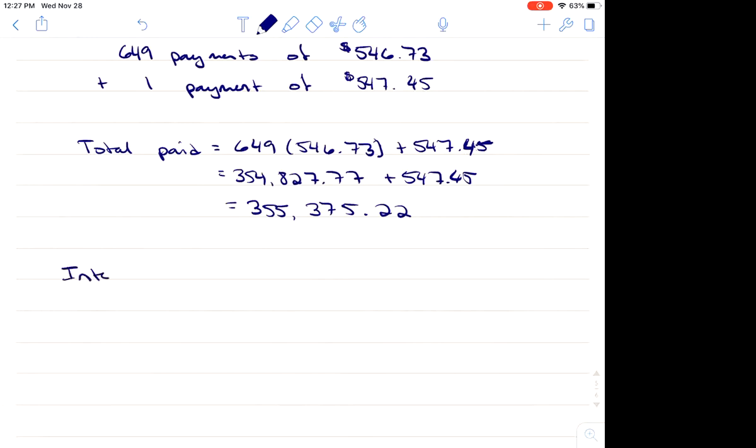So the interest paid is going to be the total paid minus the original loan. Bless you.